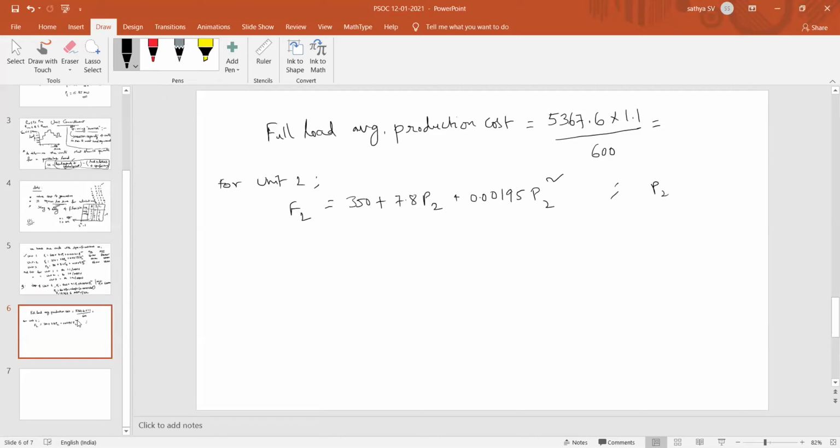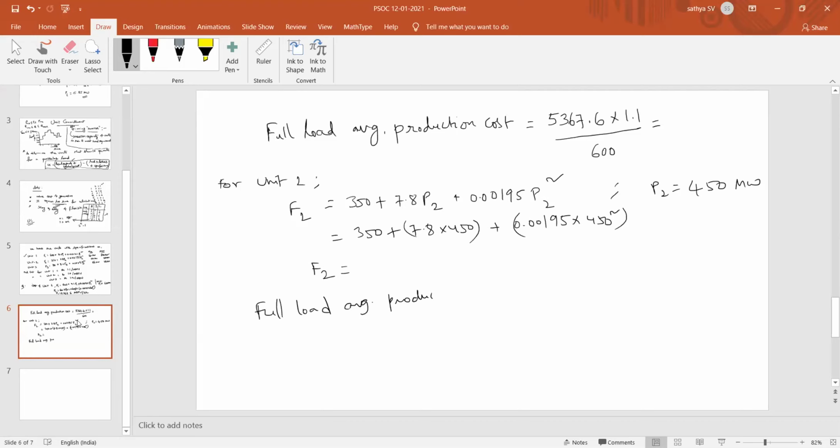Here the P2 value is the maximum they mentioned, 450. So substitute that and calculate your F2. Once you have calculated F2, calculate the full load average production cost for unit 2.